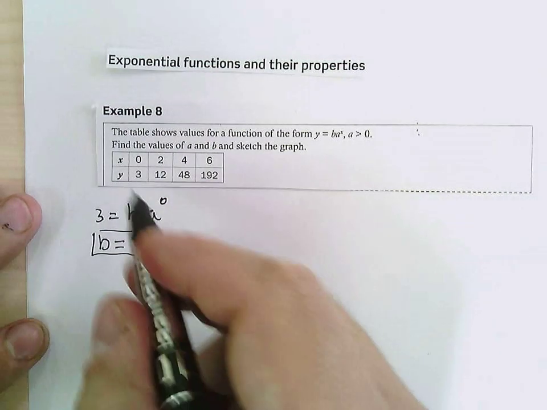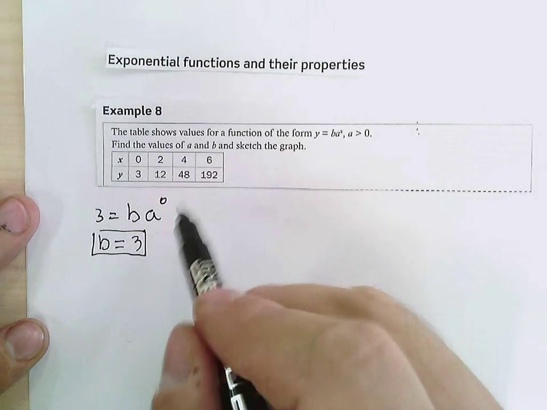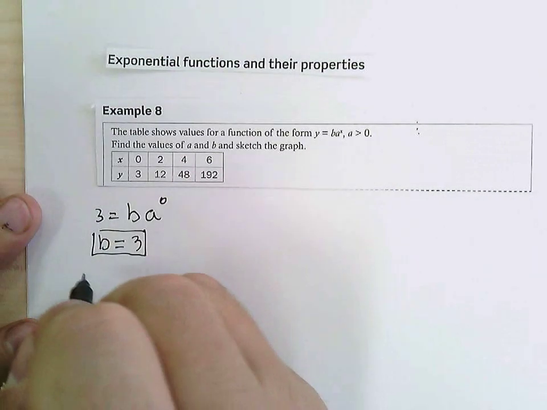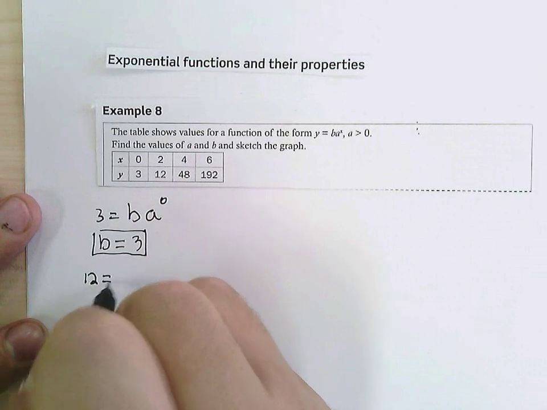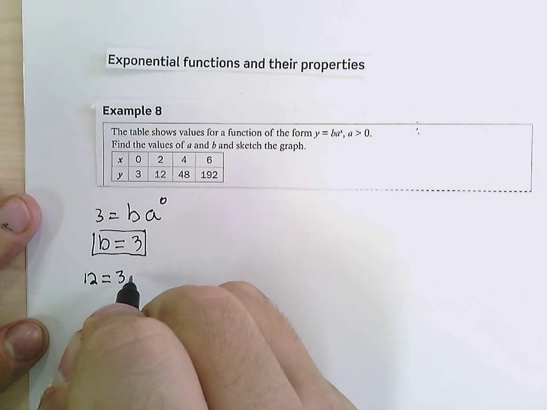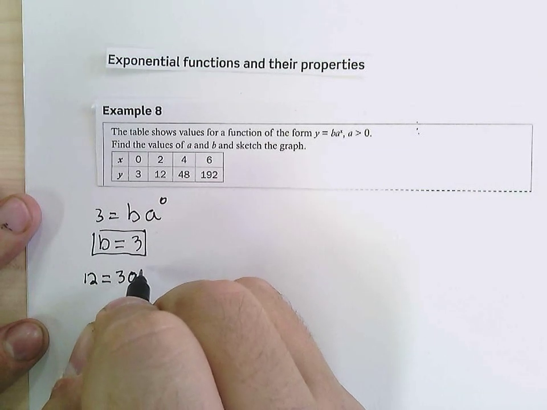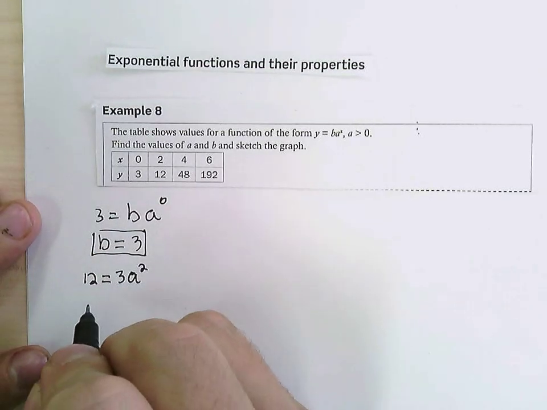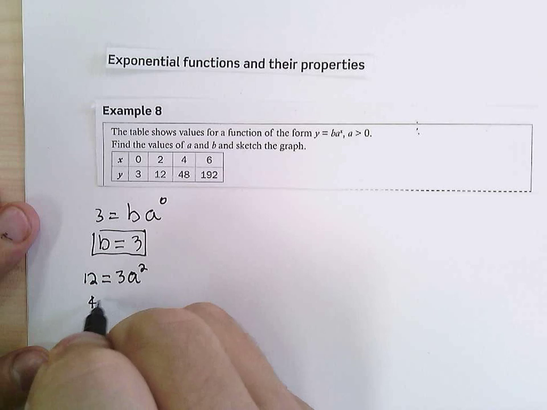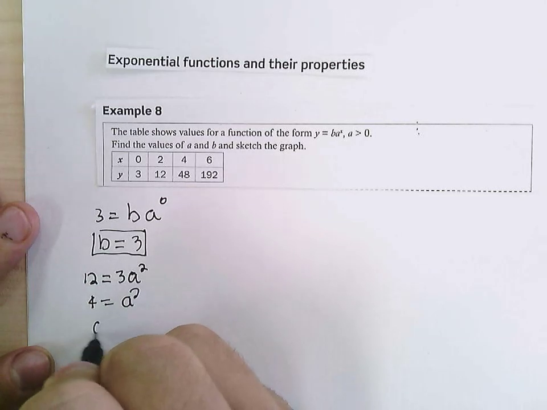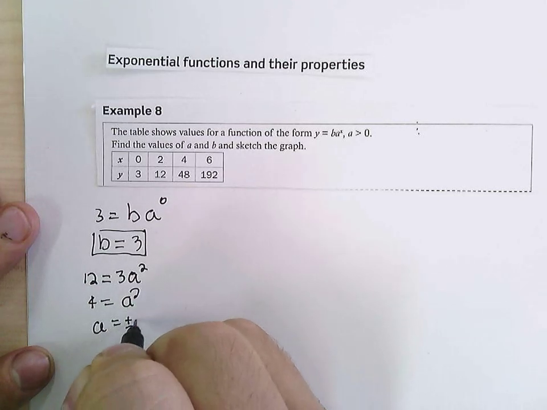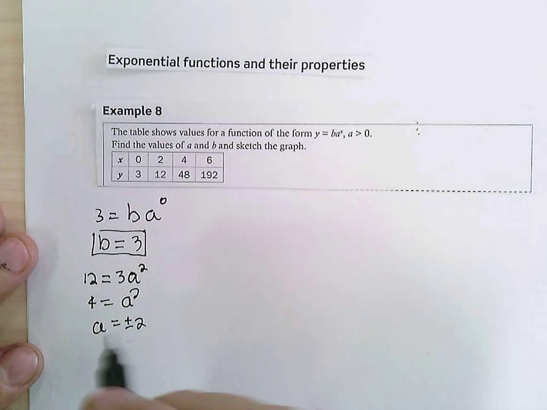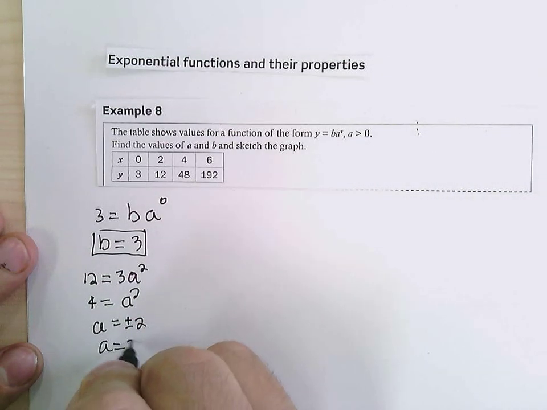Since b is equal to 3, now I can use any of these other coordinates. I'm going to go ahead and use the second one, that's the easiest. I have 12 is equal to my b value, 3, times a to the x power, which is 2. Divide by 3, and I get 4, and then a could be equal to plus or minus 2, but it said that a had to be greater than 0, so a is equal to 2, right?